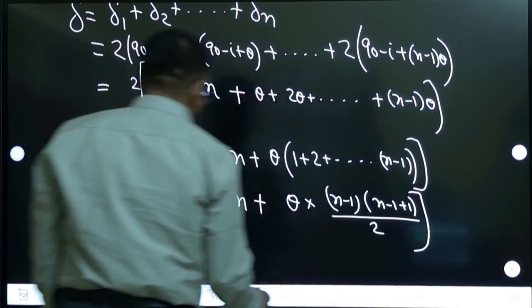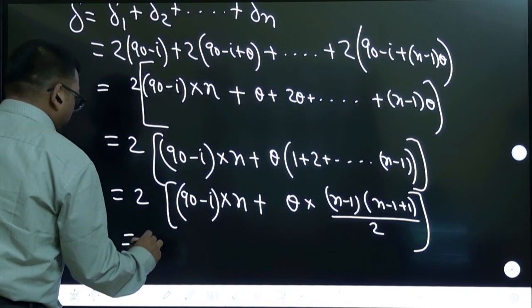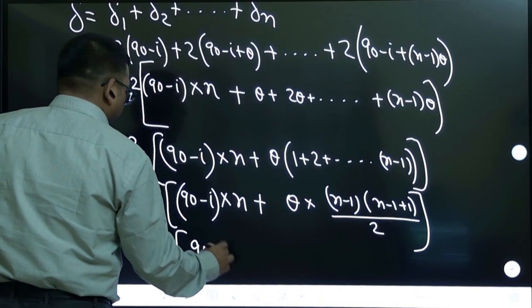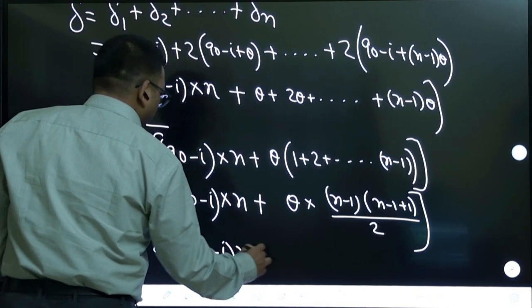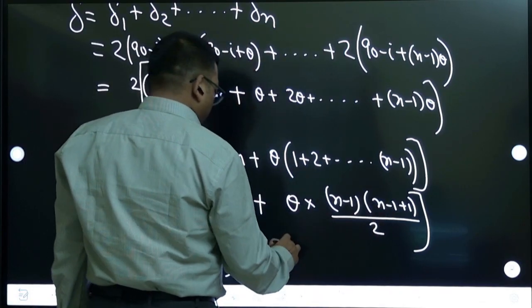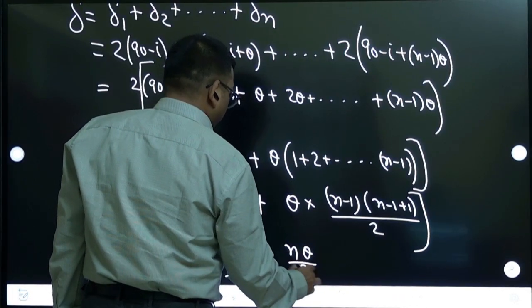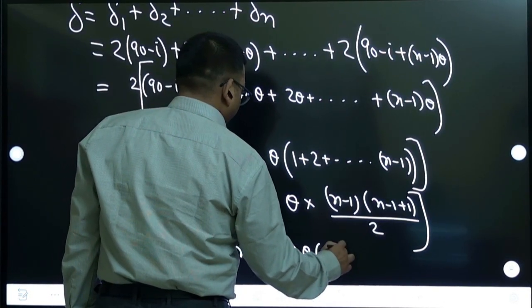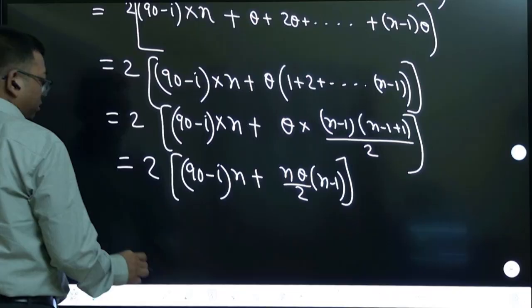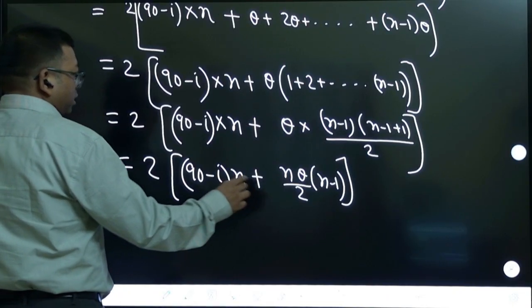Right? So let us now solve it. This will become 2 times (90 minus i) times n plus, here this will become n, so n theta by 2, times (n minus 1). Now if you want you can take this n also common.